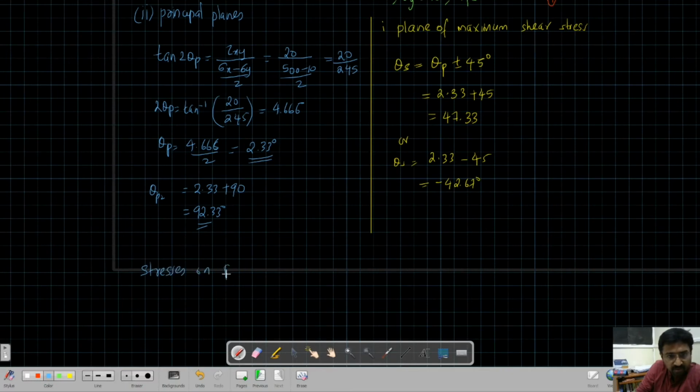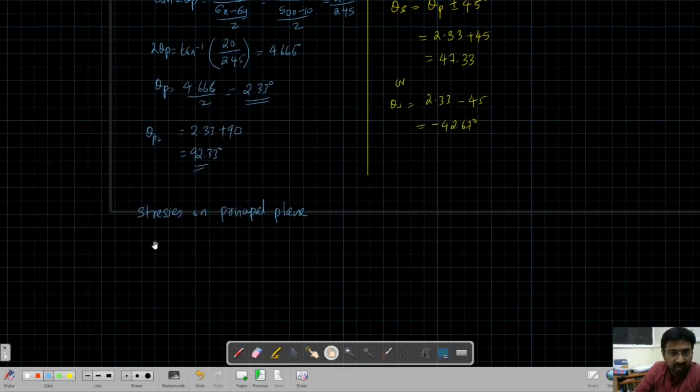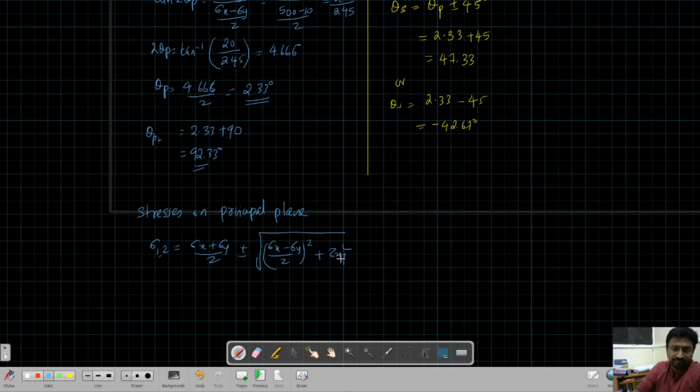Stresses on principal plane. So we know the equation: sigma 1, 2 is given by (sigma x plus sigma y) by 2 plus or minus under root of ((sigma x minus sigma y) by 2) whole square plus tau xy whole square.